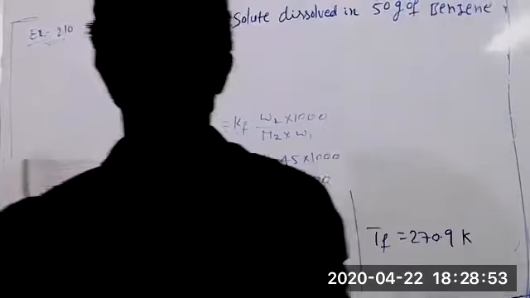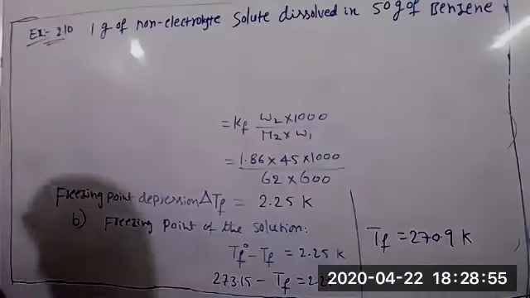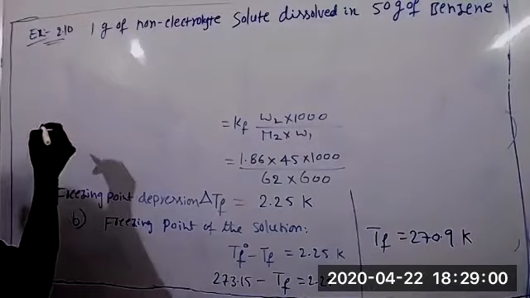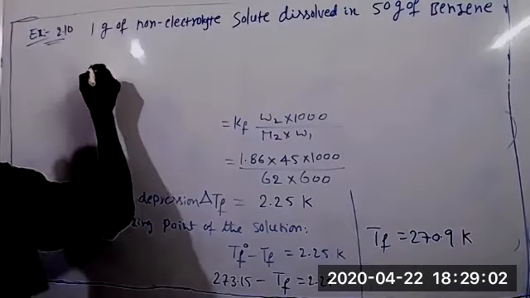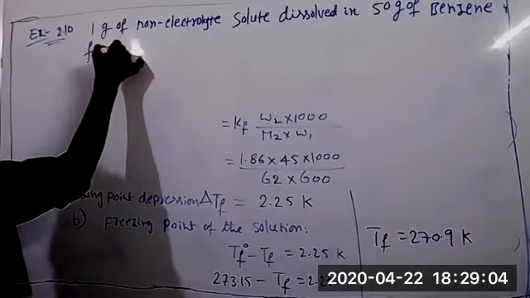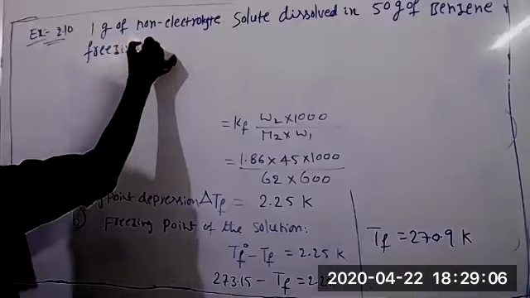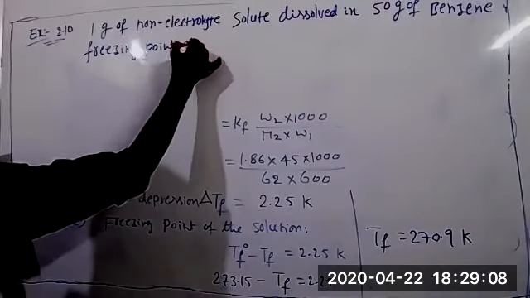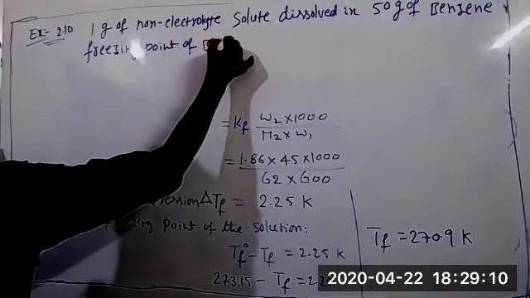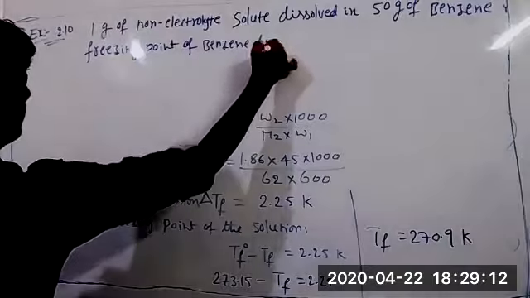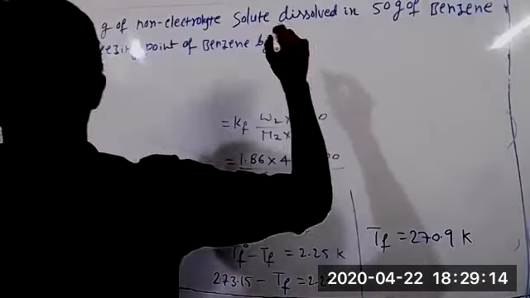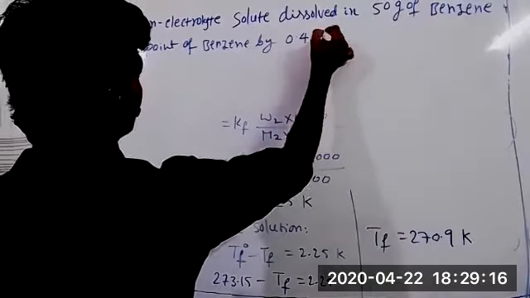The freezing point of benzene is lowered by 0.4 Kelvin.